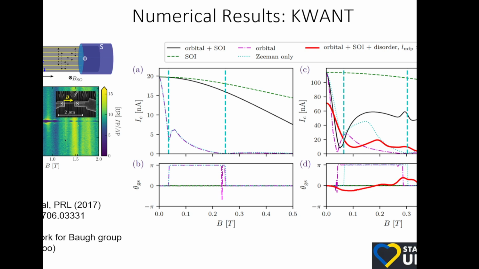And only one mode is available to transport Cooper pairs. So one interesting thing, if it's really one mode, the orbital term should be very inefficient. That's because there is nothing to interfere with. You have only one mode, and it just moves along, and it cannot make a closed path. It's a purely one-dimensional quantum wire.